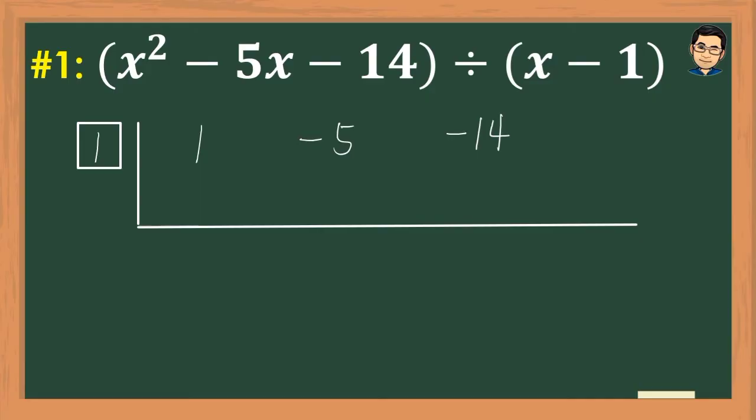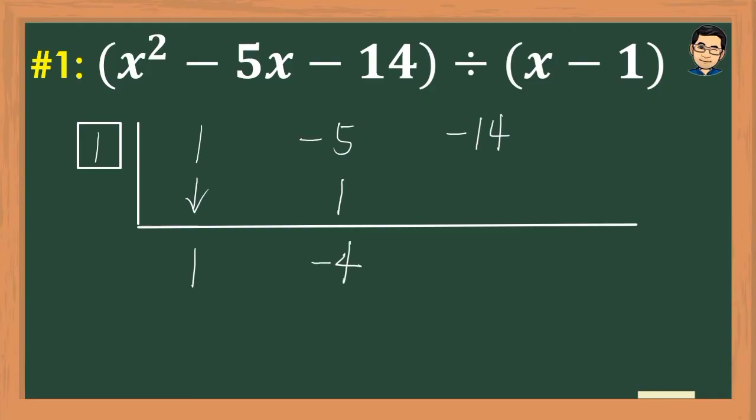And then, yung next step natin, yung leading coefficient na 1, i-bring down natin. And then, imumultiply natin siya dun sa r, so yung number na nasa box. So, 1 times 1, that is 1. Okay? And then, we add negative 5 and 1, that is negative 4.